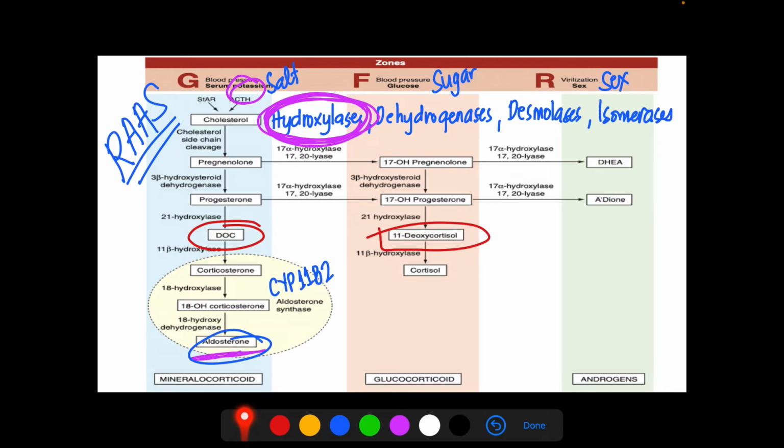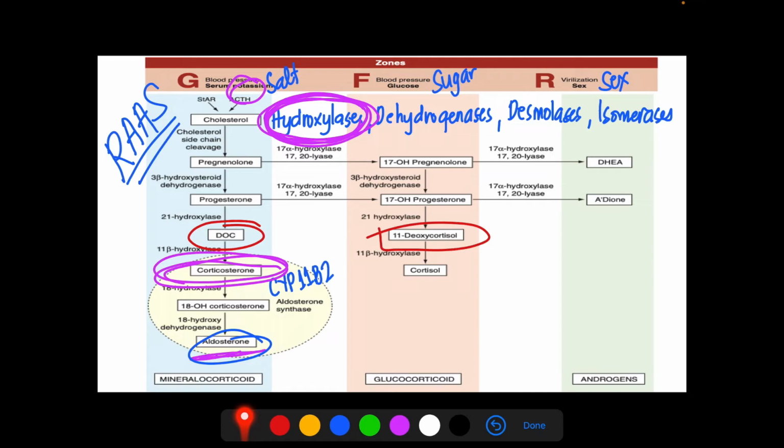And this cortisol, again, is needed in times of stress to maintain blood pressure and also the blood sugar level, right? And also to prevent shock. Although cortisol is the most important glucocorticoid, you have to take note also that corticosterone, which is a hormone of the mineralocorticoid pathway, as seen here in the glomerulosa, also possesses glucocorticoid activity.